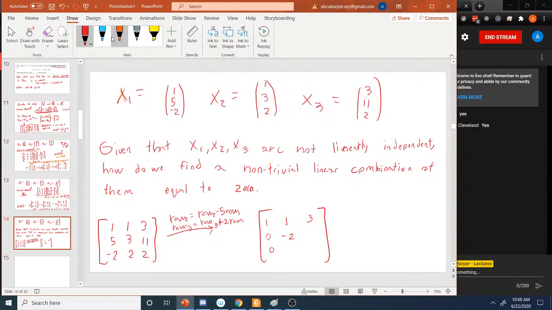Subtracting 5 times 3 from 11, I'll have a negative 4. And then I am adding 2 times row 1 to this row, so I get 0 here and 4 here, and then 2 times 3 plus 2, I get 8 here.